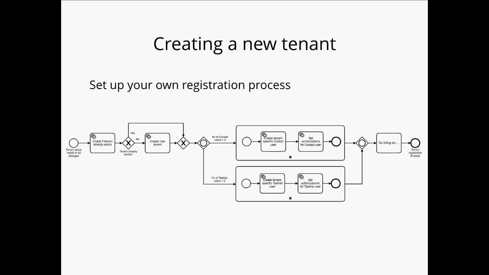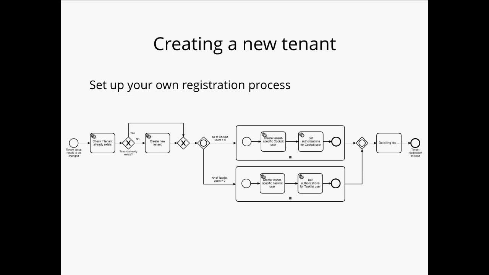These could be Cockpit users, like process operators, or Tasklist users, which can be used for the process participants who only use Tasklist. Depending on how many users of each kind you have set up in the registration form, you create those users and set the correct authorization for each user.